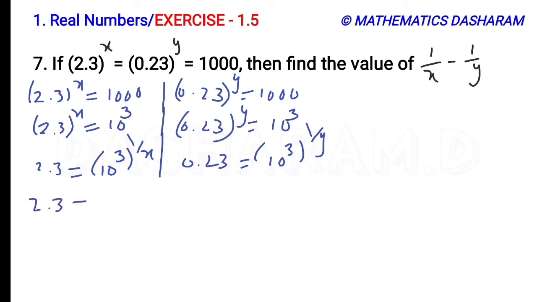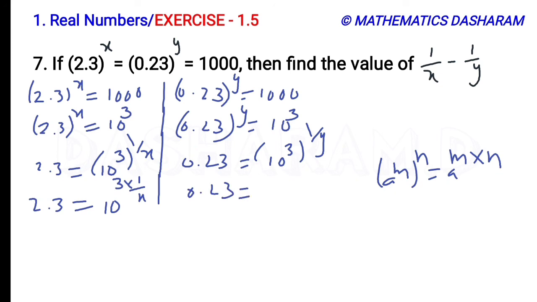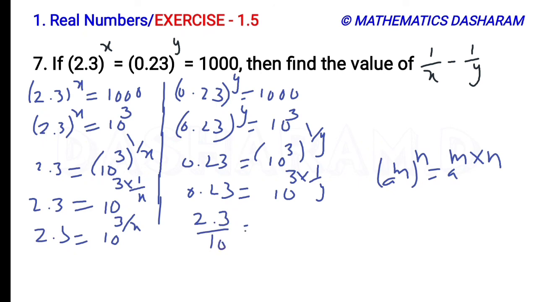So 2.3, here the formula is a to the power of m whole to the power of n equals to a to the power of m into n. So then 10 to the power of 3 into 1 by x. Here 0.23 equals to 10 to the power of 3 into 1 by y. 2.3 whole power 10 to the power of 3 by x, and 0.23 only one decimal point you remove it. So then 2.3 divided by 10 equals to 10 to the power of 3 by y.